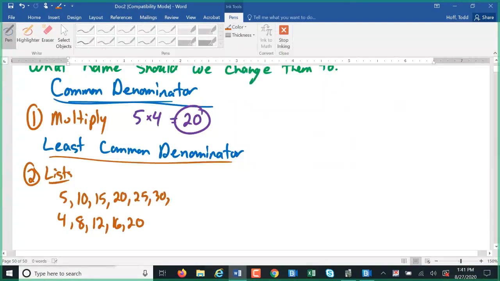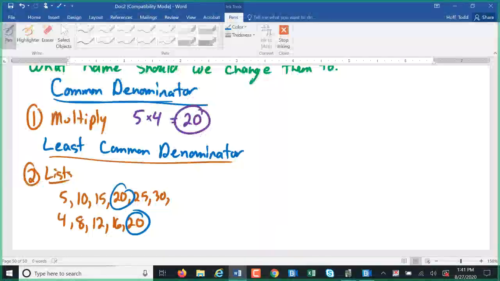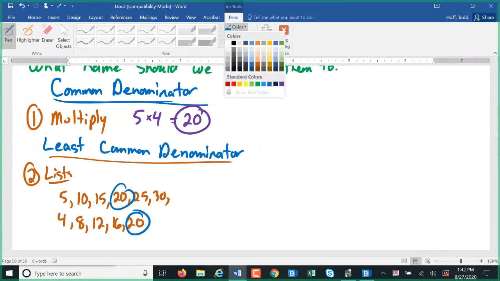There we have found the smallest one. Now there are other strategies with prime factoring that allow us to find that, but they get pretty complex. And for the most part, if we get really stumped, we can make the list. But for the most part, we can work with a fraction and find its common denominators.